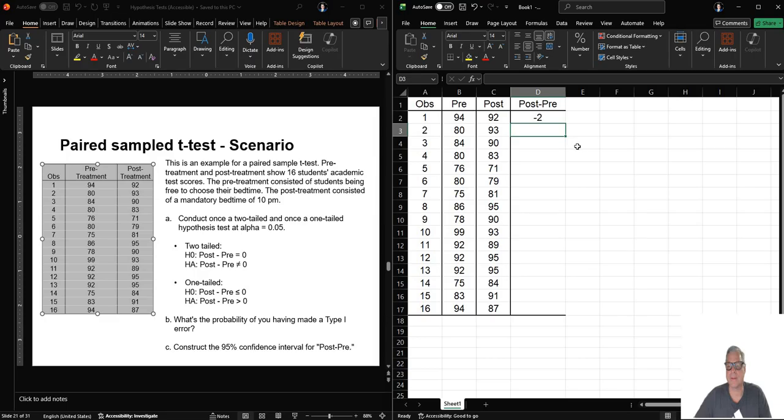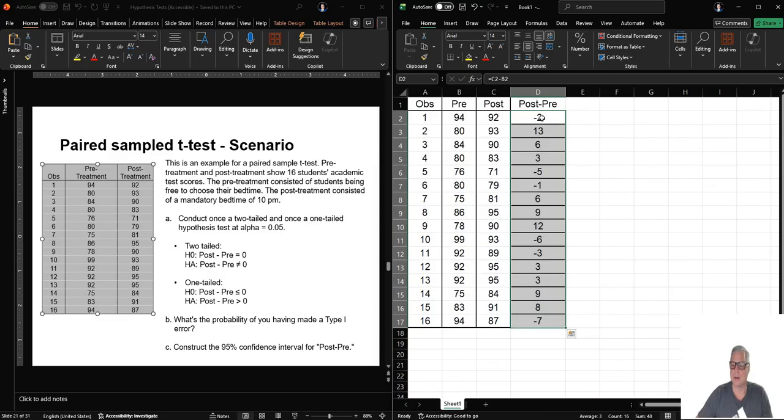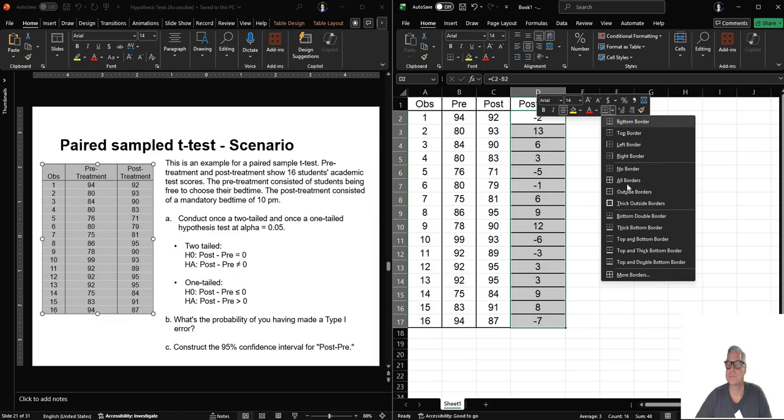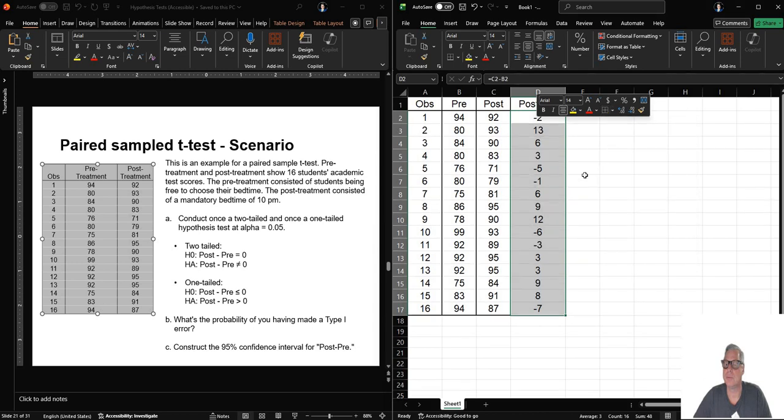So it looks like for the first student, going to bed at 10 o'clock didn't serve him too well. But now let's do that for all the others. We don't need that middle, so let's remove it, no border.